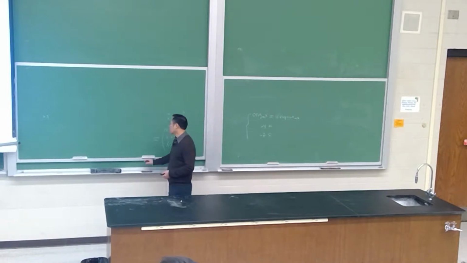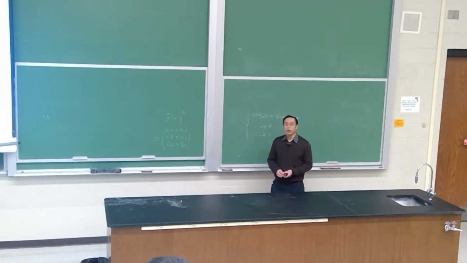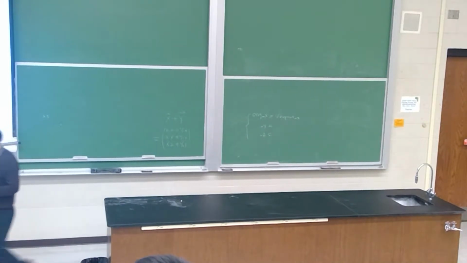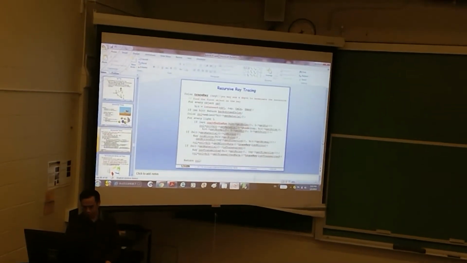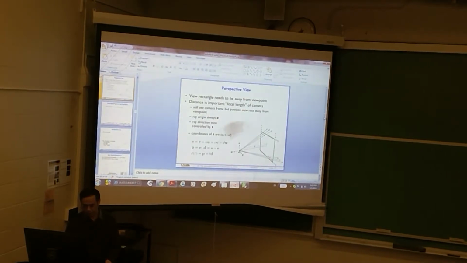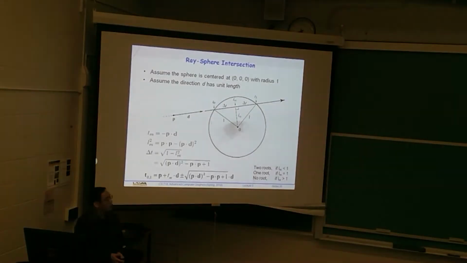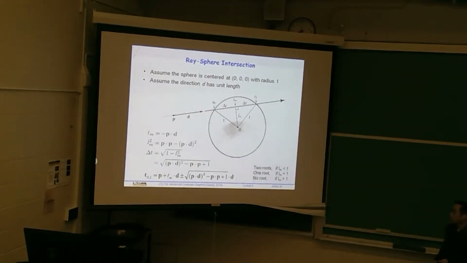And the last one, which is tricky in this project, is the ray sphere intersection. So let me bring up the slides we have. Now let me go through each one of the equations here, just to make sure you understand every detail.